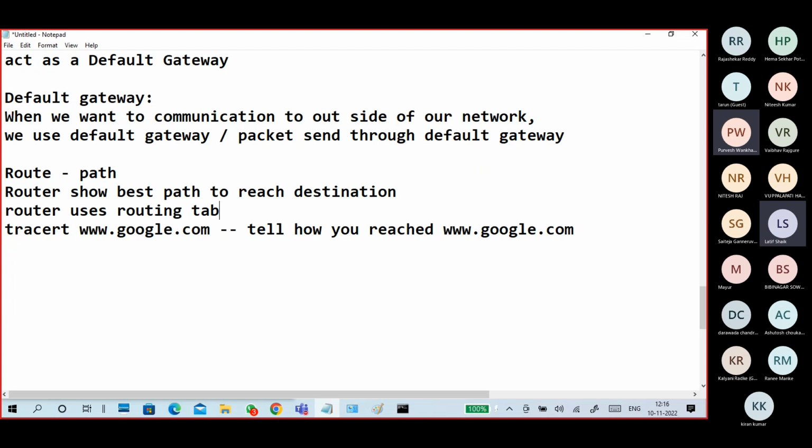Routing table to tell, to get the best path to this destination.